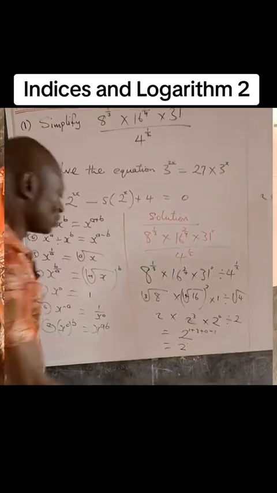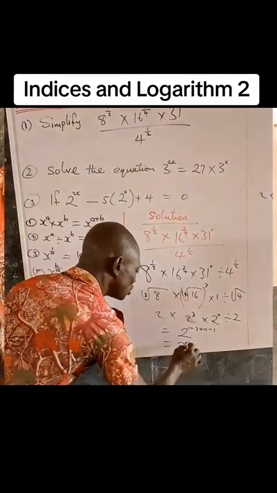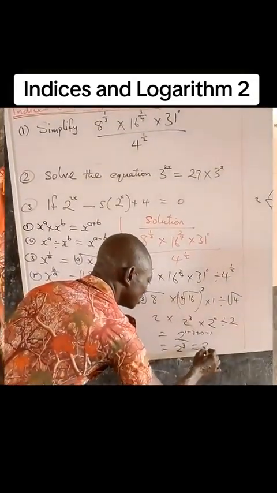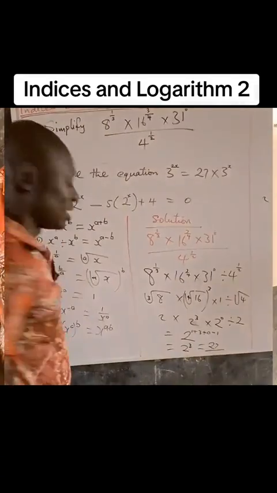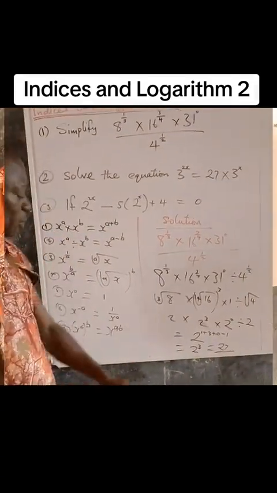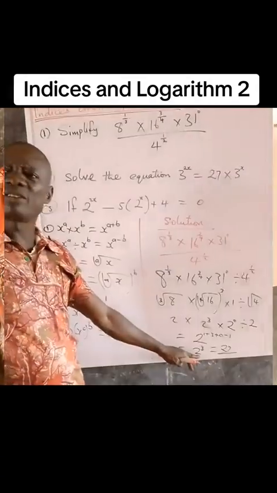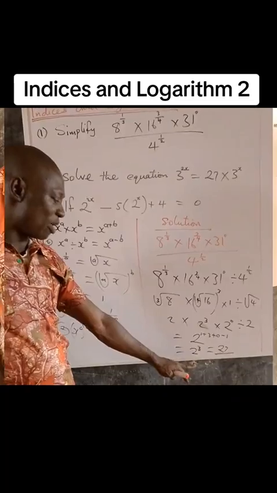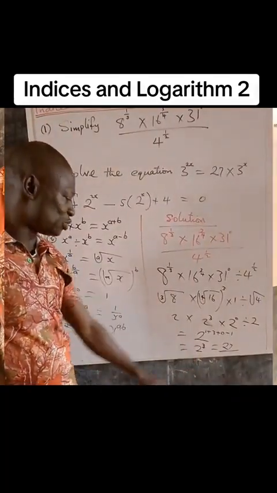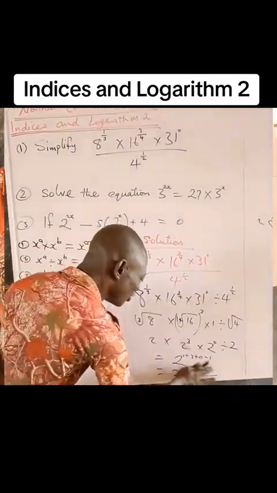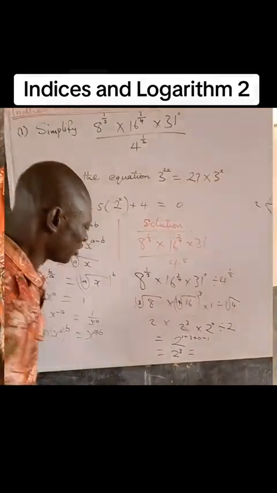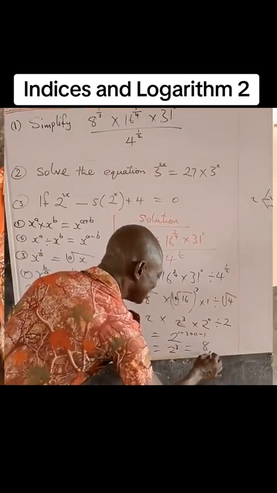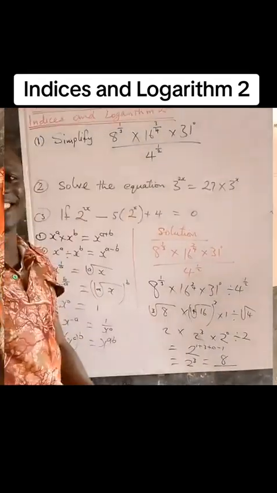And so we are going to get 2 raised to the power 3. Remember, if the power is up to 5 or more, you may not expand it, you leave it in that index notation. However, because we have 2 raised to the power 3, we have 2 times 2 times 2, which is 8. 8 becomes the last answer.